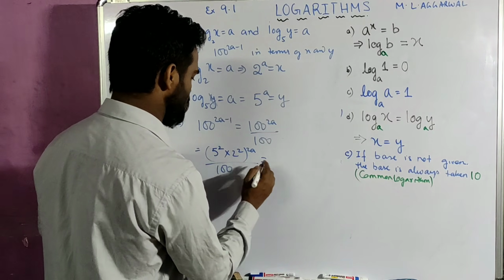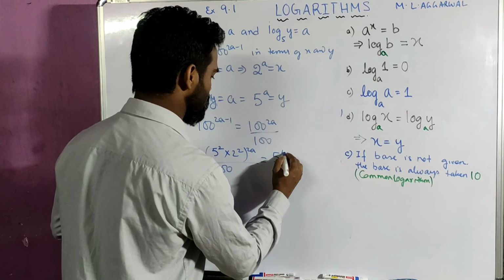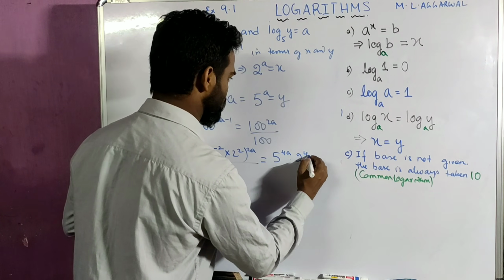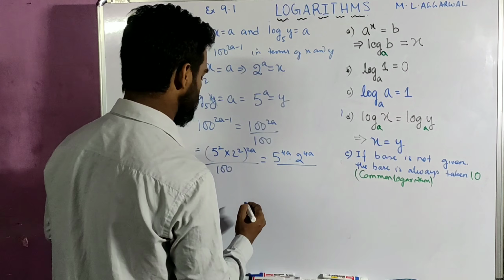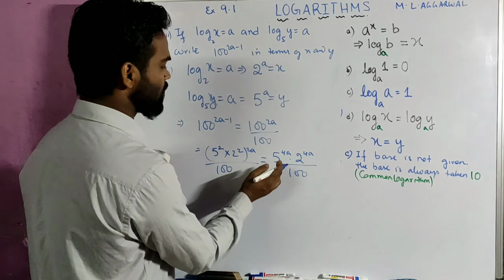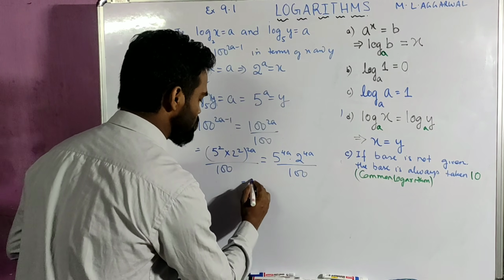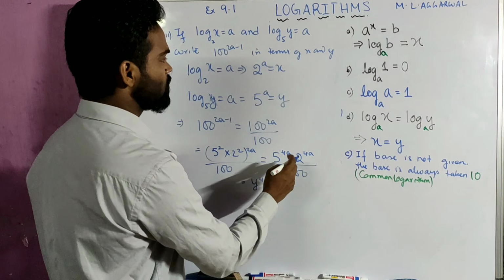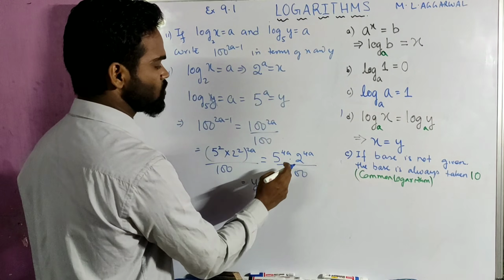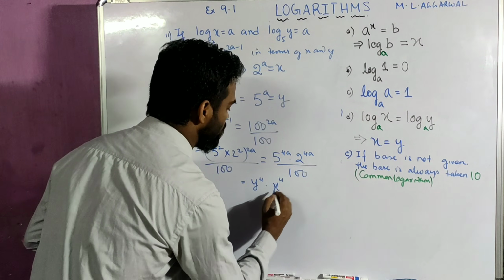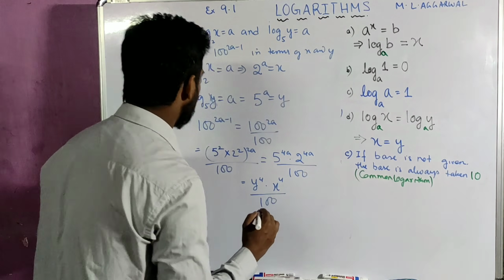Now when you open the bracket, this becomes 5 to the power 4a multiplied by 2 to the power 4a by 100. Now 5 to the power a is y, so 5 to the power 4a becomes y to the power 4. 2 to the power a is x, so 2 to the power 4a becomes x to the power 4 by 100. And that's my answer.